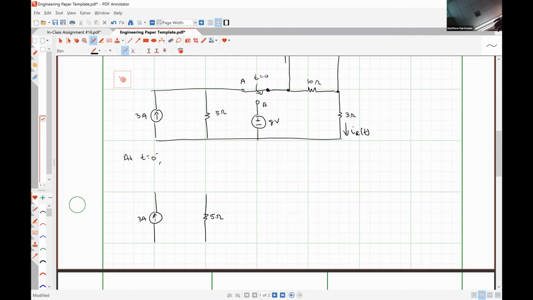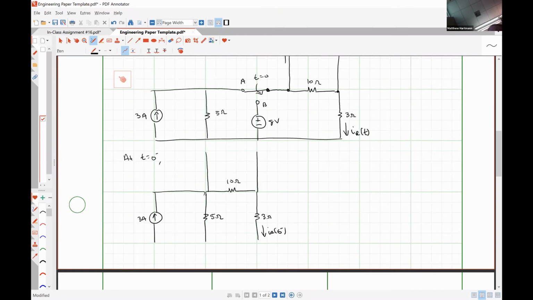My switch is closed at position A, so that 8-volt source is effectively open circuited, so I'm not going to bother drawing it. So I have my 10 ohm resistor here, my 3 ohm resistor here. Here's IR at 0 minus, which we're not asked for, but I'm just drawing it for the sake of argument.